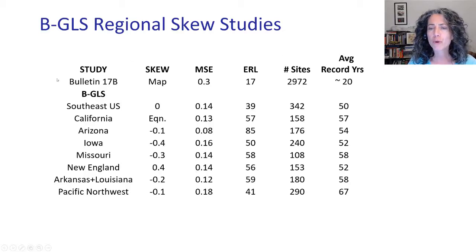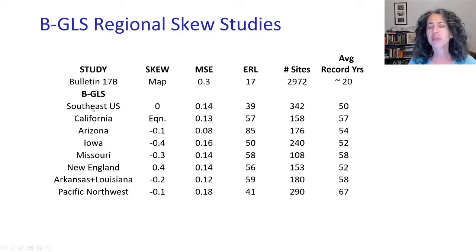As we've already seen, the Bulletin 17B skew map had a mean square error of about 0.3, and that is worth an equivalent record of about 17 years, which in itself is very interesting to note. Not very strong against any station skews.